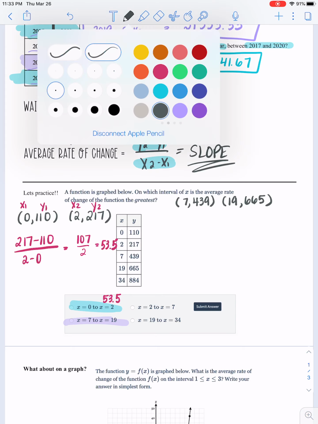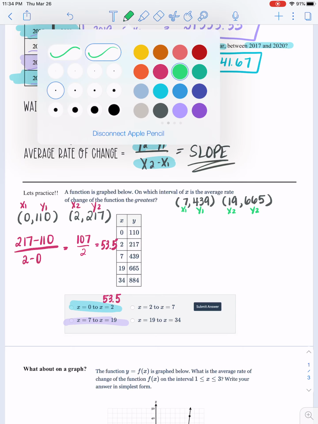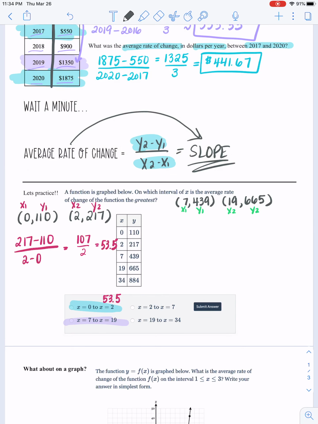What is the next thing I should do? I should label my points, right? This one is x1, this one is y1, x2, y2. Let's do the math. So I have y2, 665, minus y1, 439, over x2, 19, minus 7.